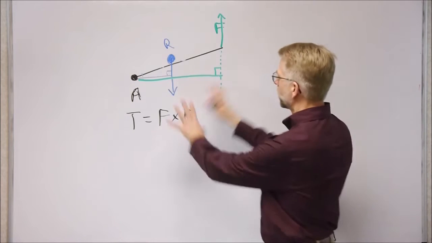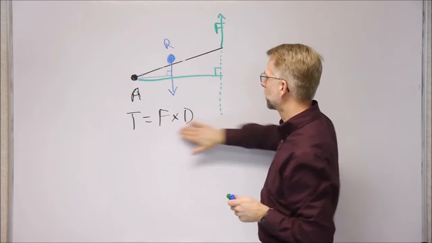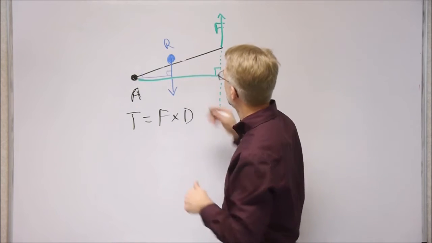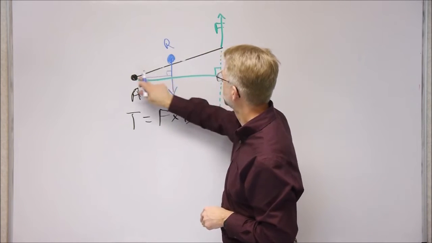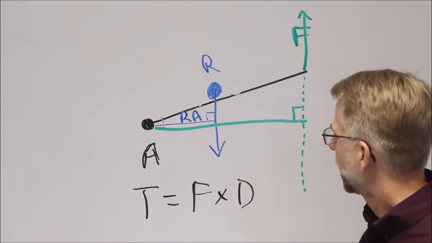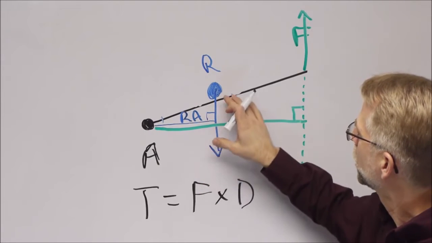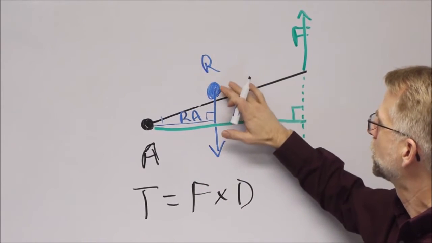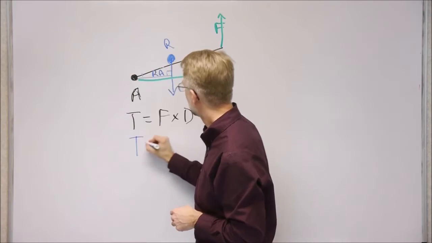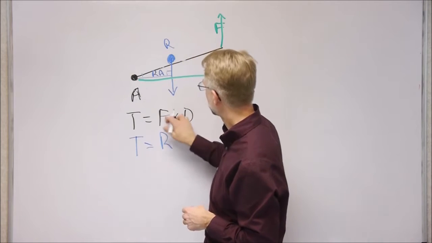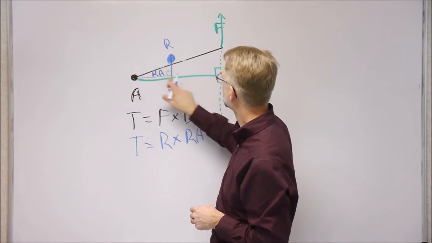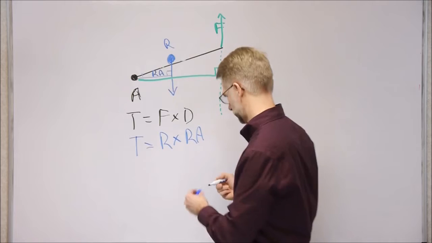So to then put this together with our formula, torque equals force times distance. For our resistance, we have the resistance, and then we have this distance here, which is called the resistance arm. And so the torque produced by the resistance, that is the weight in our wheelbarrow, is going to equal the resistance, that's the force, times the resistance arm, that is the perpendicular distance from this vector to the axis.